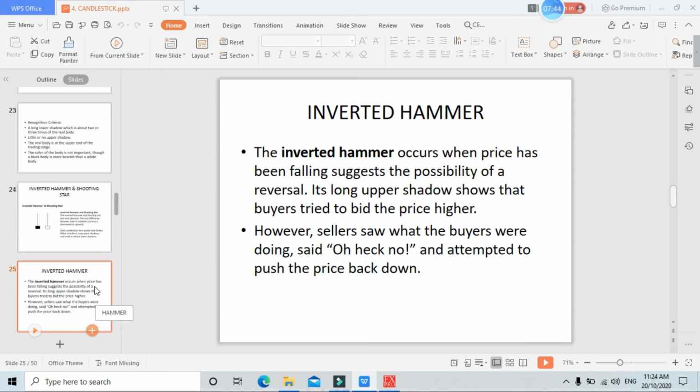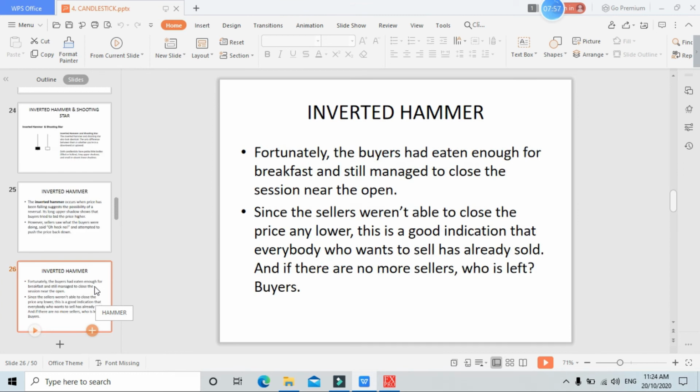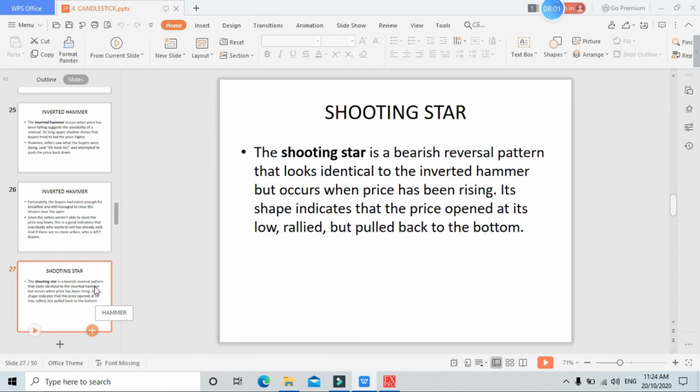Doji, spinning top, hammer, inverted hammer, shooting star, these are all reversal patterns, with the possibility of a reversal when you see them in the uptrend or the downtrend. The inverted hammer is the same shape, just inverted. The shooting star is a bearish reversal pattern that looks identical to the inverted hammer but occurs when the price has been rising. Its shape indicates that the price opened at a low, rallied, but pulled back to the bottom.